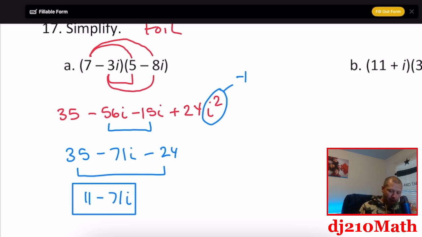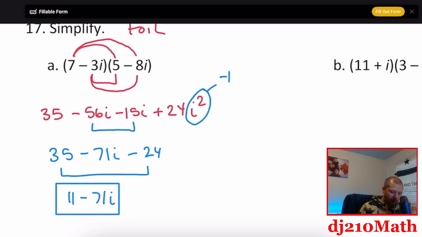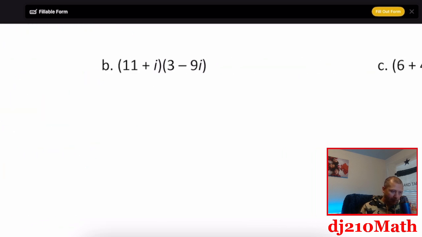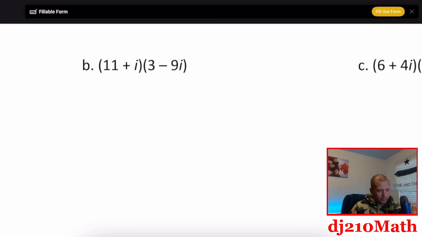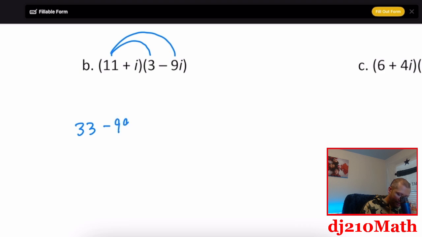Okay, it's just keeping track of the i's and knowing that i squared is equal to negative 1. That's really it. All right, here we have 11 times 3, which is 33. 11 times negative 9, negative 99i. i times 3, 3i.